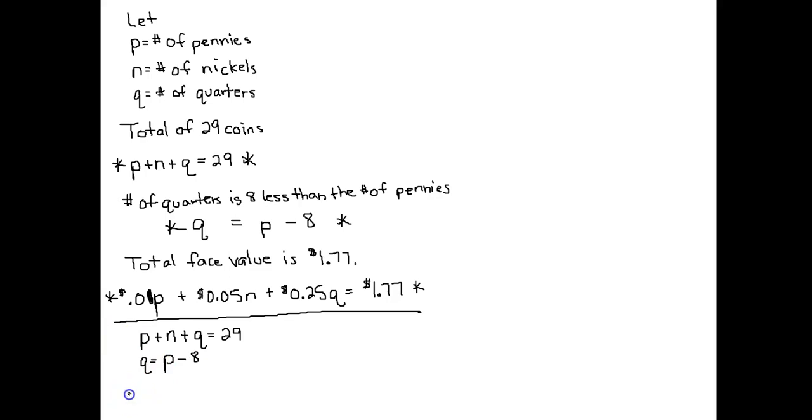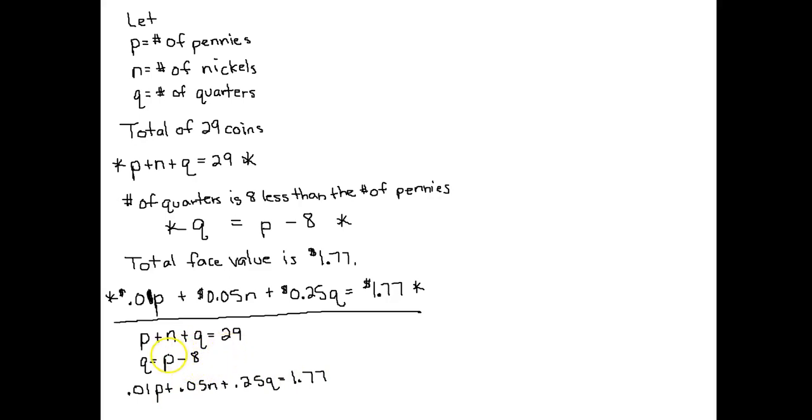And then we got 0.01P plus 0.05N plus 0.25Q equals $1.77. You know, if it makes you feel better, you can always multiply this whole equation through by 100 and move the decimal point 2 places over on each part. But you don't have to.